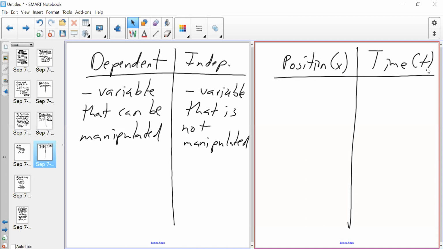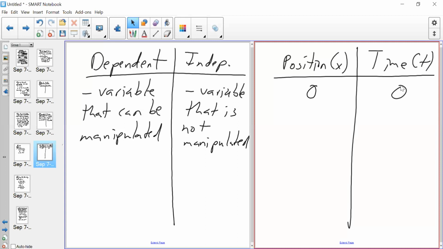Position we're manipulating. Now let's say that in this particular data table, position versus time, we have our little constant velocity car at 0, typical. We're starting everything from scratch. It's time 0 and position 0. Then we're going to observe something. We're going to measure it.